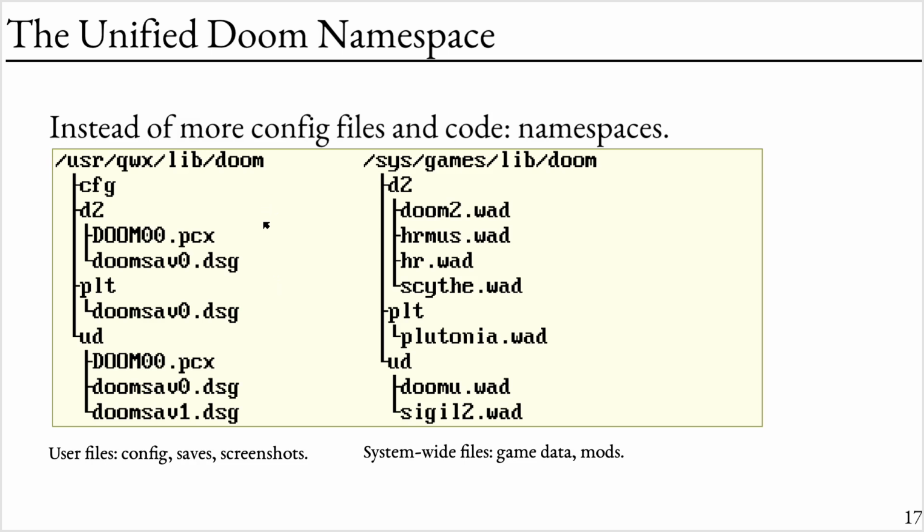This is why we put them in separate directories. The system directories can also contain stuff like mods, which are usually fairly large files, so it's better, I think, to avoid a bunch of duplication and have everything in one place.